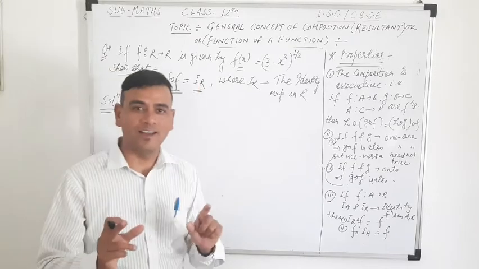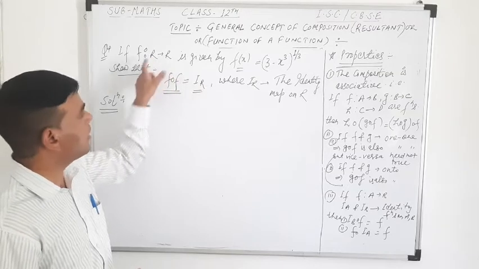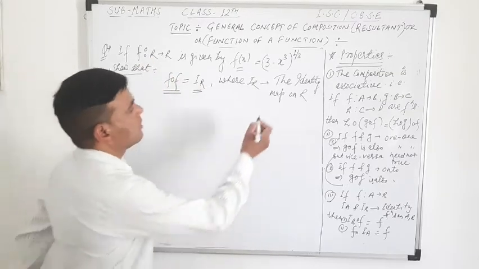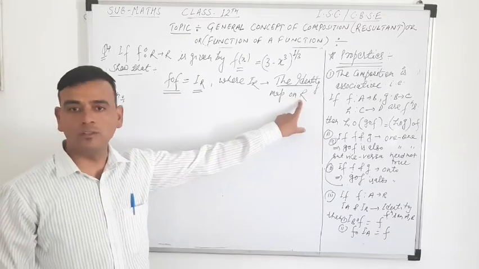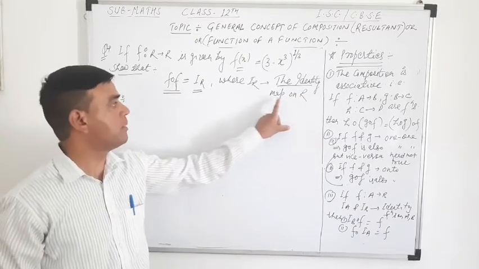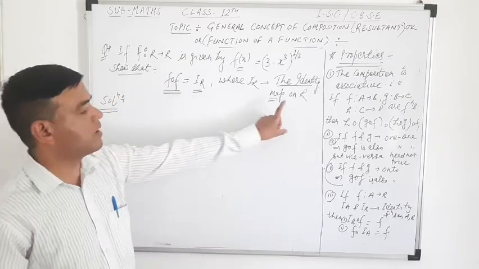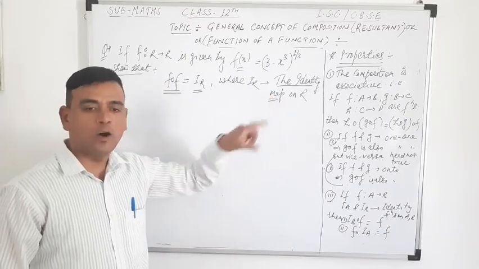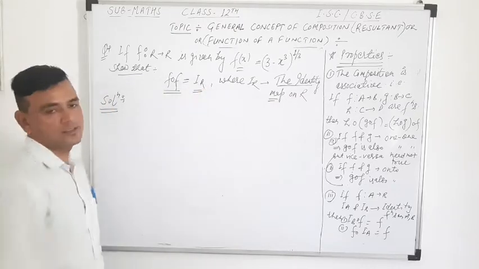I_R is the identity function for the set of real numbers R, and easily you can see that I_R is the identity map on the set of real numbers. Map means function. We have already discussed that you can say function or map or association. So an identity function is a function you already know.